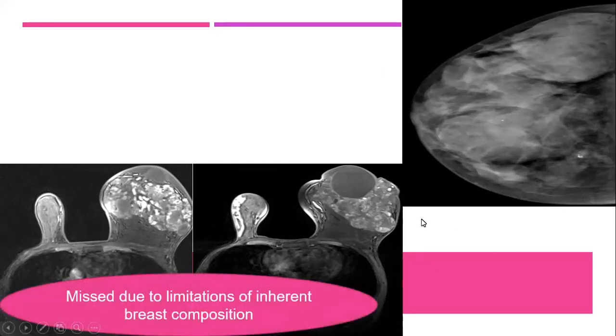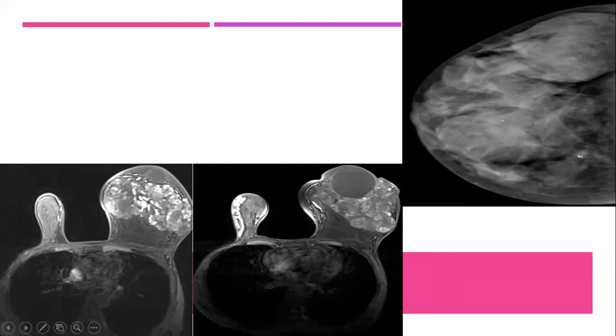However, we could do a mammogram for the right breast, but it demonstrates just a small group of calcifications here and a single dot of calcification.